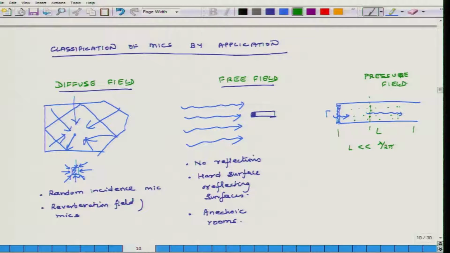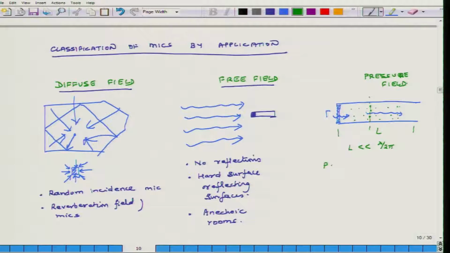We can show that mathematically, because the pressure will have a component. So, what is pressure? P(x,t) is equal to P plus e^(jωx/c) negative plus P minus e^(-jωx/c).